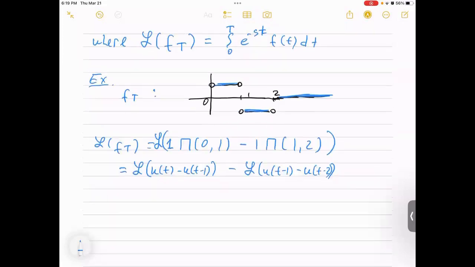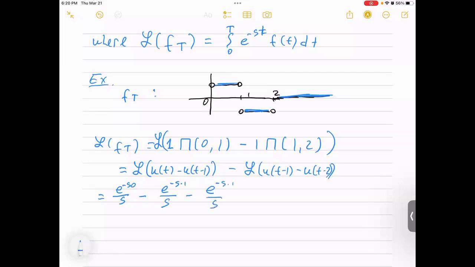Then we recall the formulas for the Laplace of unit step functions. The Laplace of the unit step function is e to the negative s times 0 divided by s, minus, for the unit step function t minus 1, e to the negative s times 1 divided by s, minus, for the next one, e to the negative s times 1 divided by s.